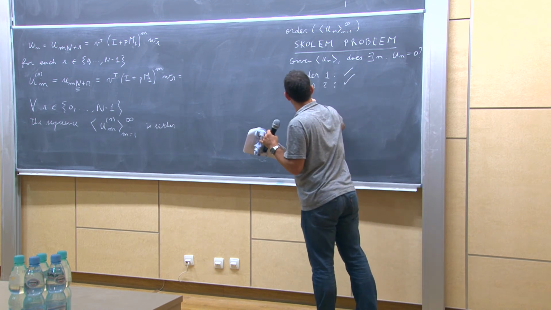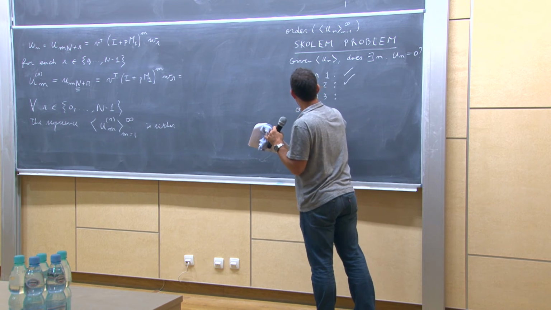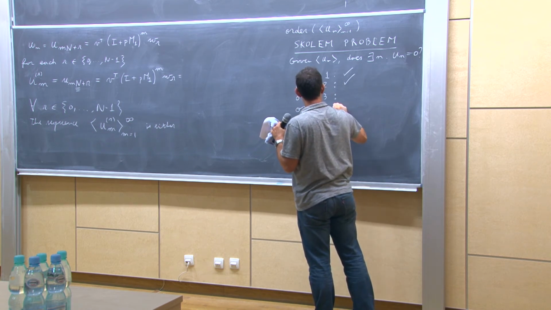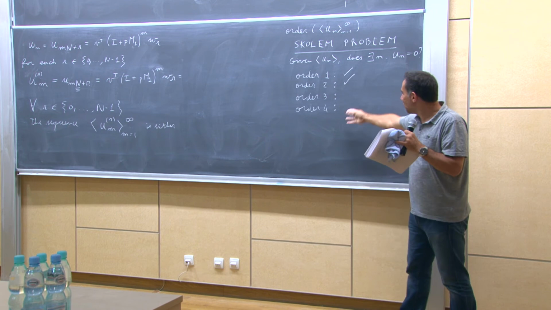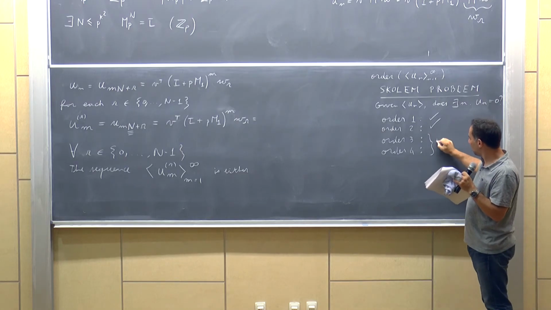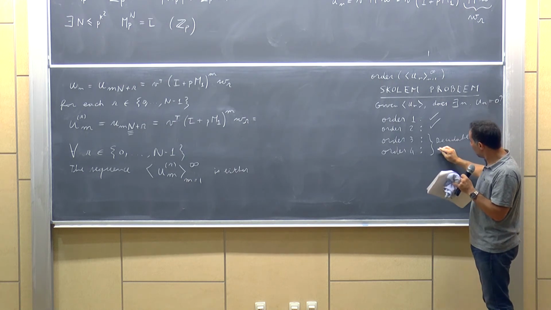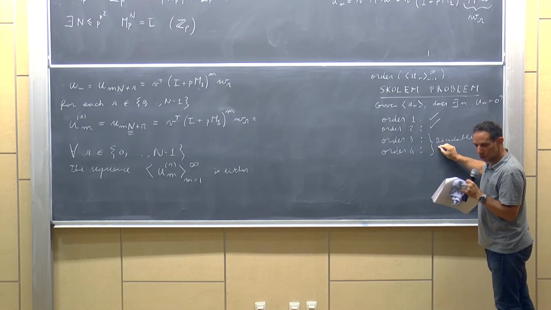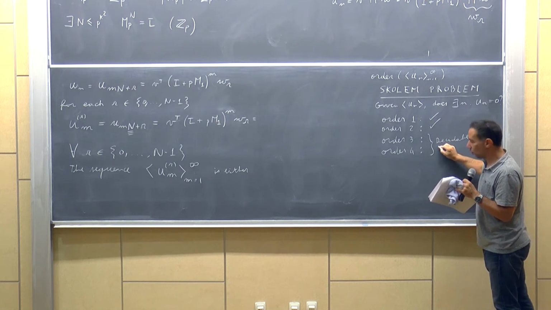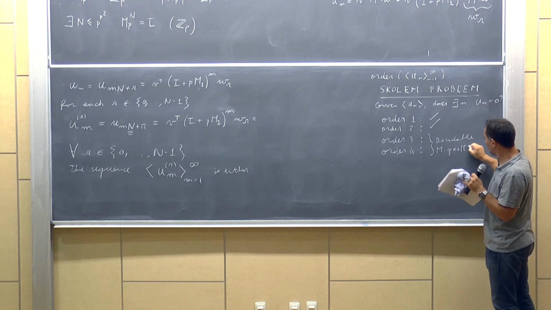And now, what about order 3 and order 4? So this was open for a very long time, and this was finally shown to be decidable. And it was shown by Mignotte, Shorey, and Tijdeman. So I'm going to write their names. So Mignotte, he's a mathematician in Strasbourg.